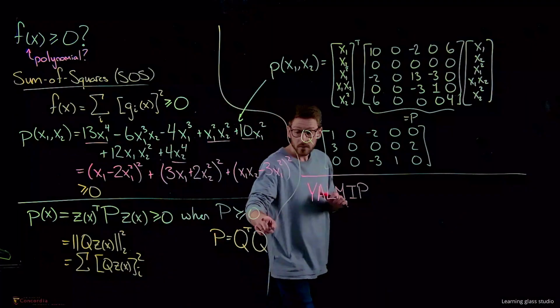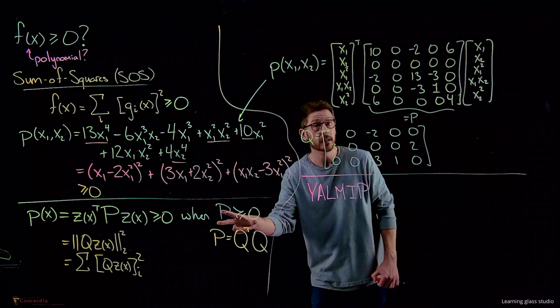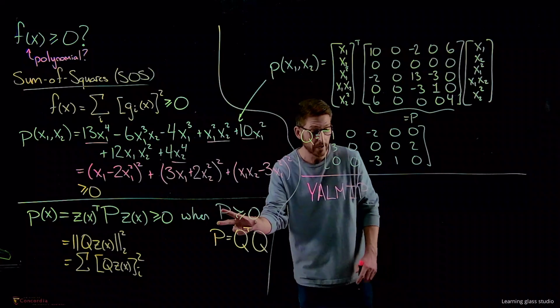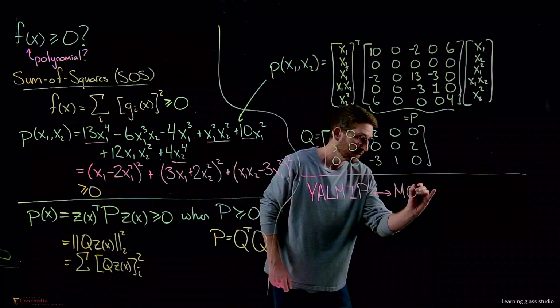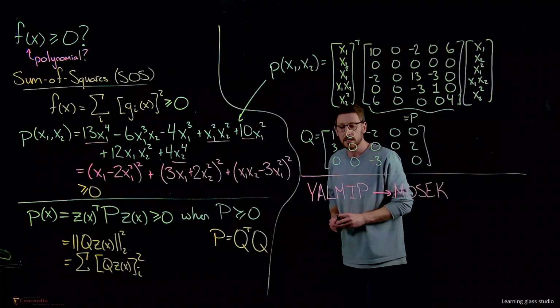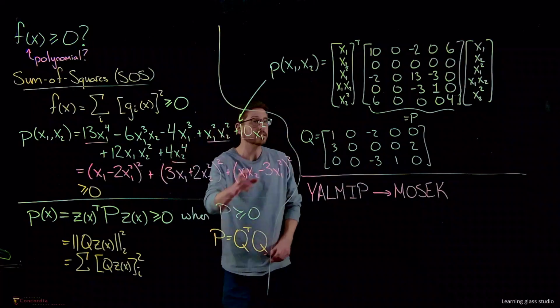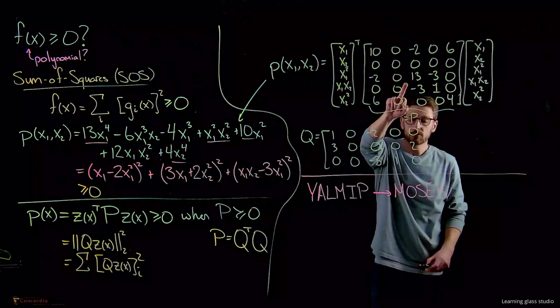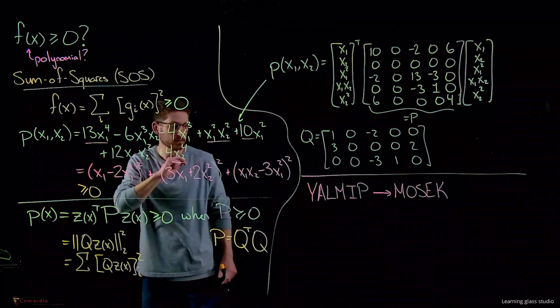Because you now have a problem of finding a semidefinite matrix, this becomes a semidefinite program which can be solved using an interior point method. In my case, I use Mosek, although CVX works, and there are many other programs that do this. Essentially, they can help you find these representations of sum of squares polynomials.